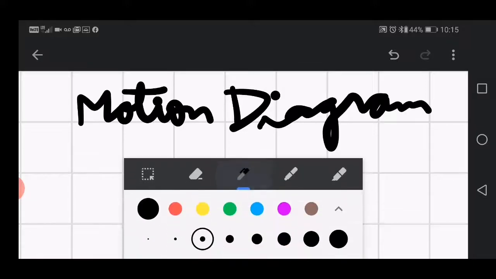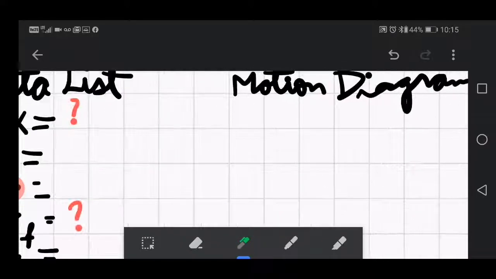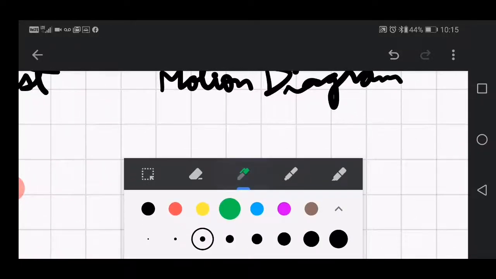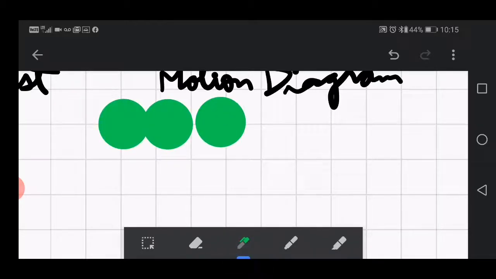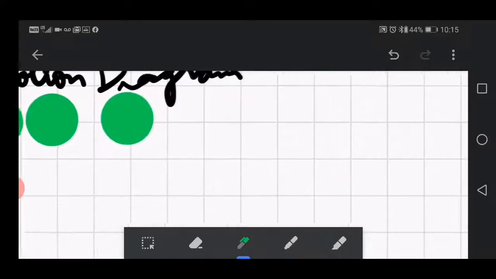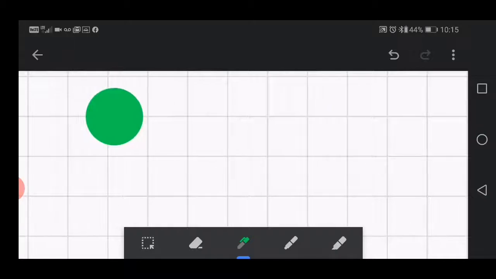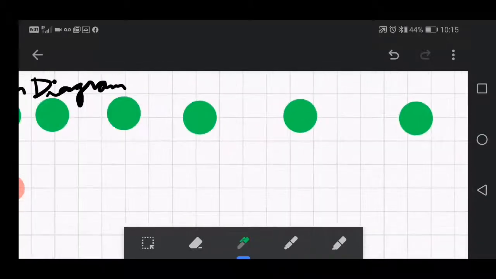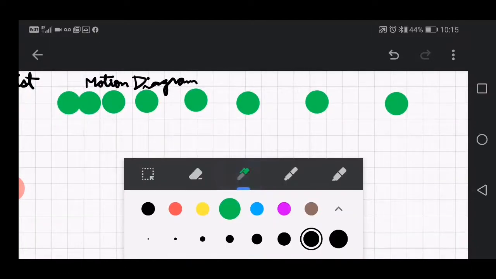You will see that this object is moving faster and faster as time goes by. It started from rest, and so your first points are very close together. And then as time passes, they move farther and farther apart until eventually you end up with a graph like this. And that's your motion diagram.